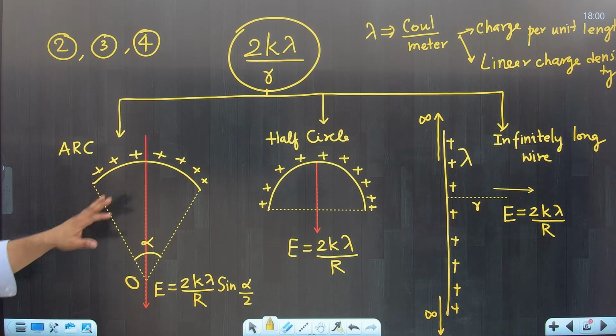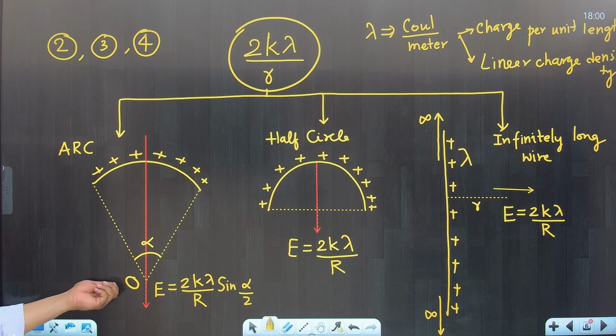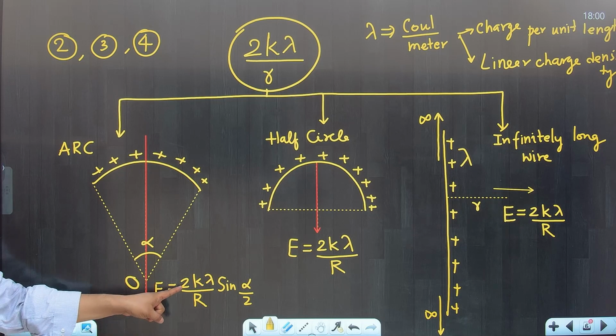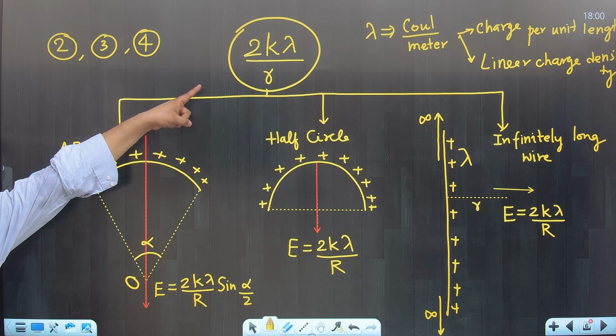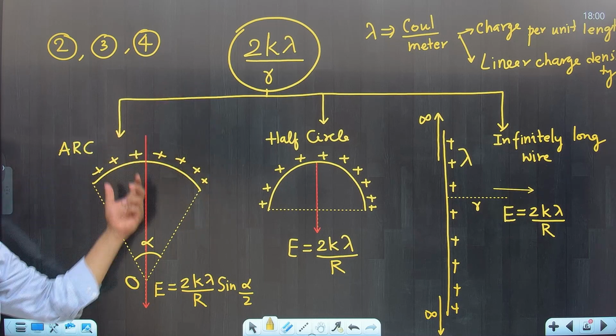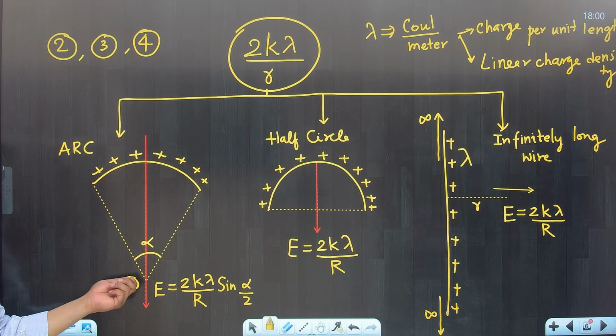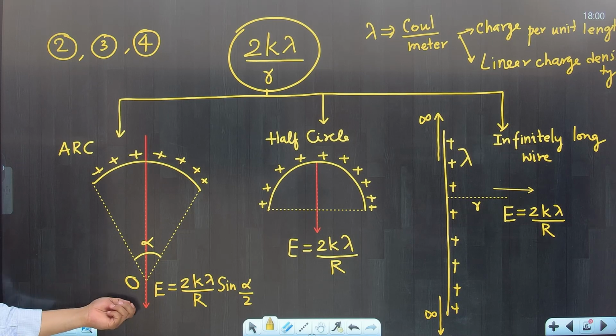This arc is making an angle alpha at the center. Obviously, this electric field will be along the symmetrical line, and its value is 2k lambda by r sine alpha by 2. You just multiply this term with sine alpha by 2 and you will get the electric field due to an arc. This is the formula for electric field at the center due to an arc.